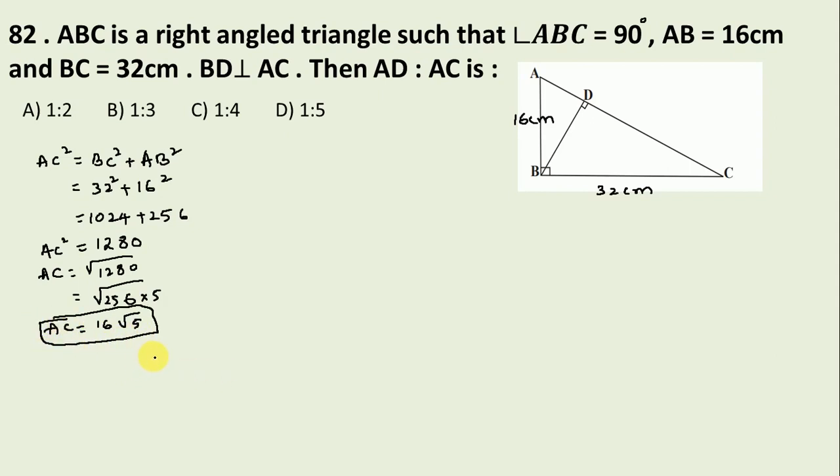Next we take the area of ABC. The formula is half into base into height. First we write the area of ABC with base AC: half into AC and height BD.